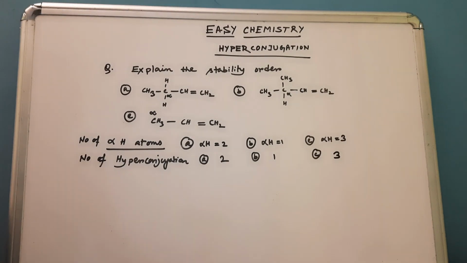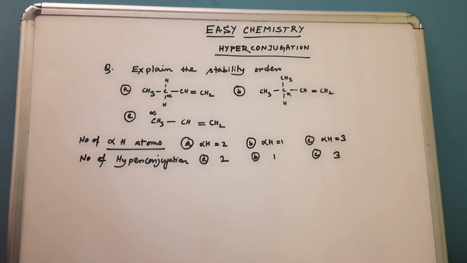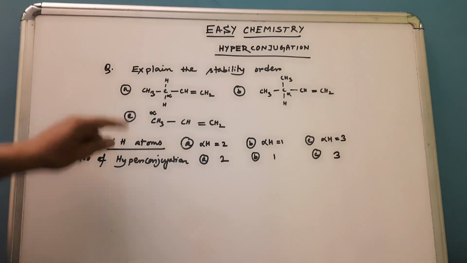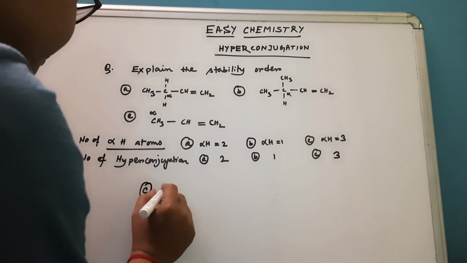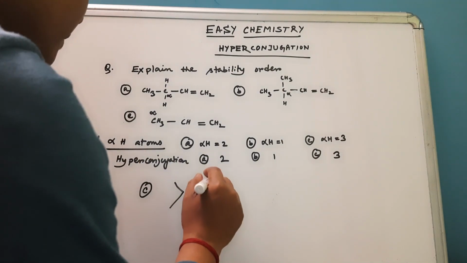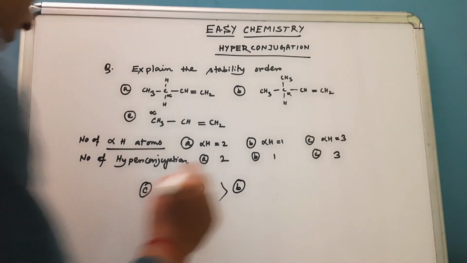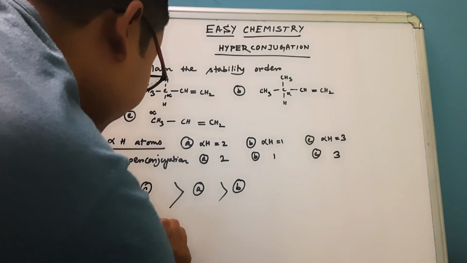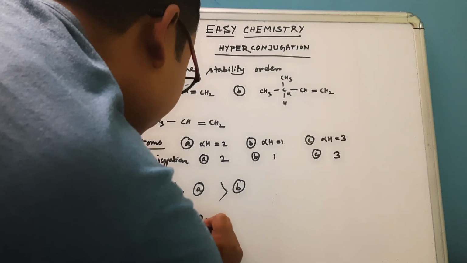We already know that the more the number of hyperconjugative structures, the more will be the stability. So C is the most stable, then comes A, then comes B. This is the stability order.